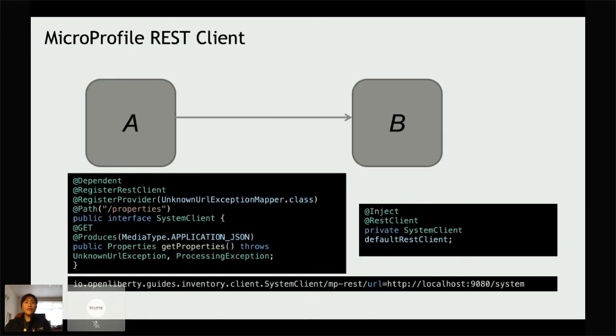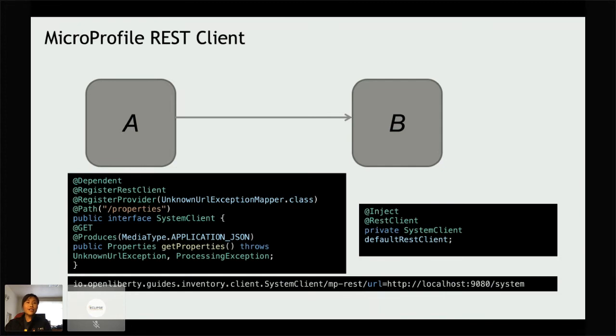MicroProfile REST Client helps you do this loosely coupled attachment. If service A is trying to call service B, you can directly put service B's API. For example, here service B's API is a GET operation, getProperties, and produces a JSON payload.